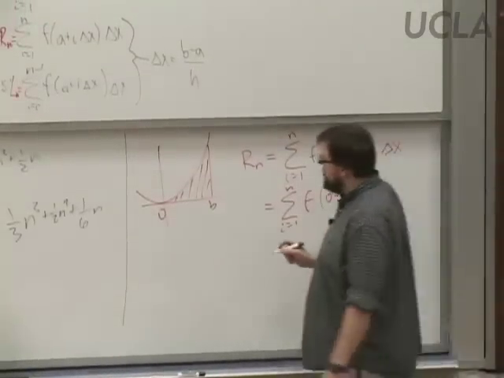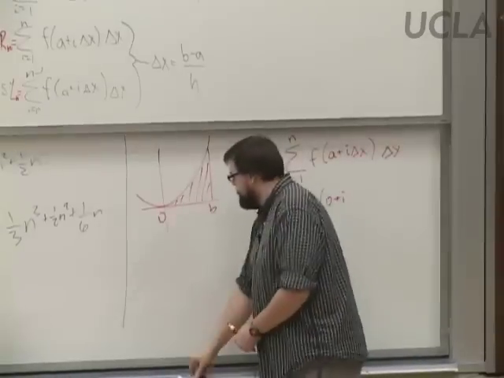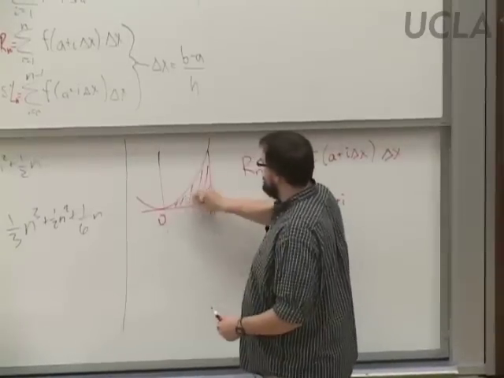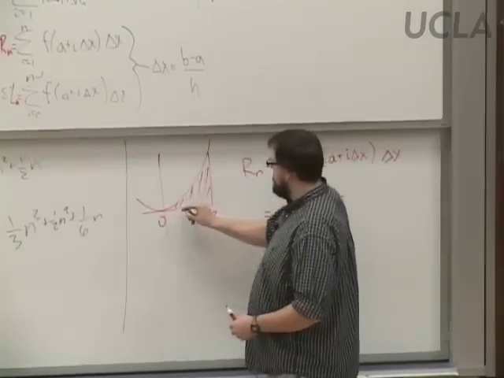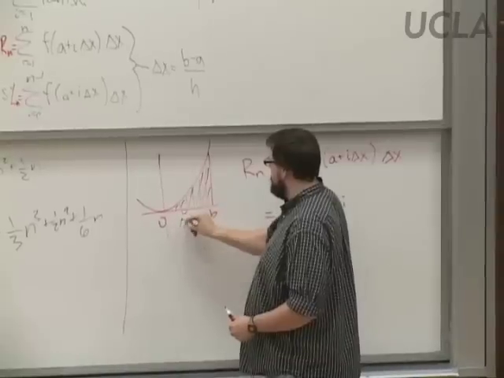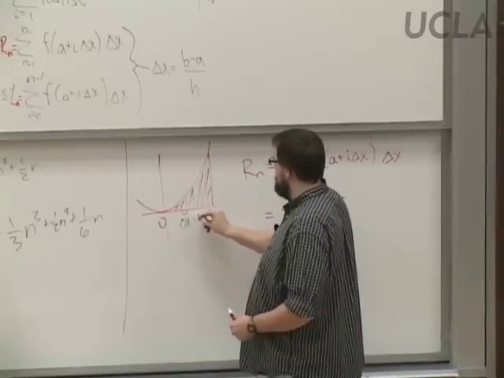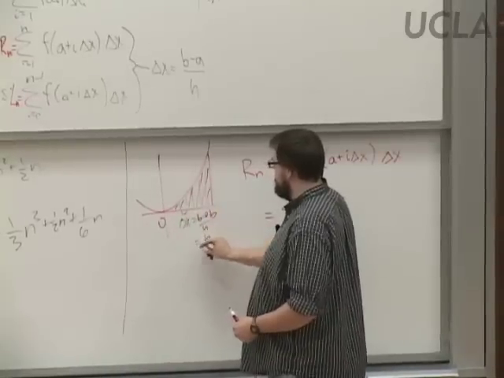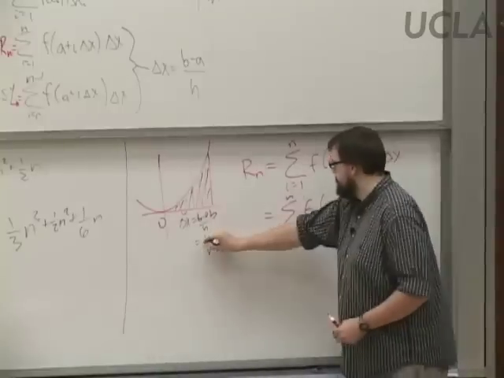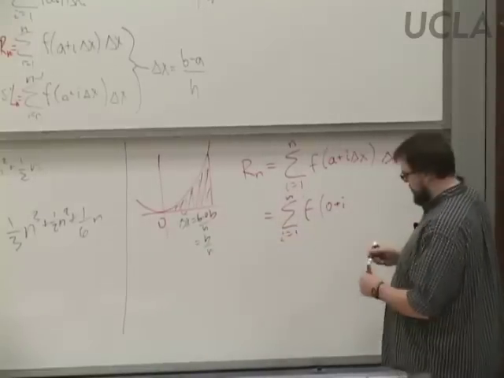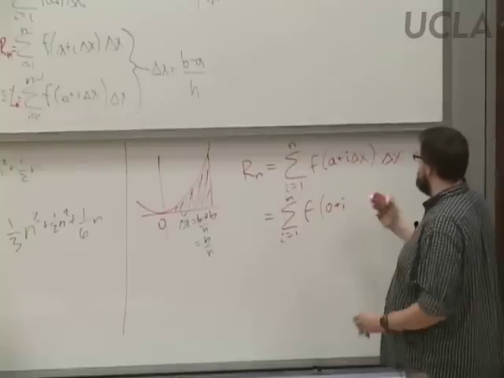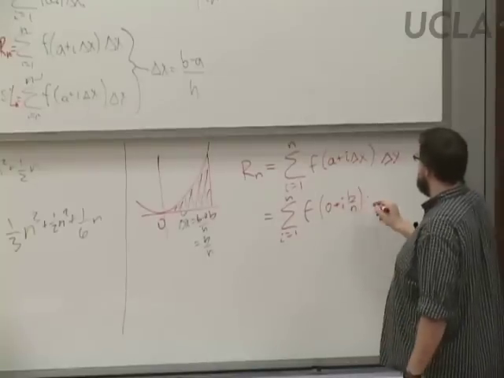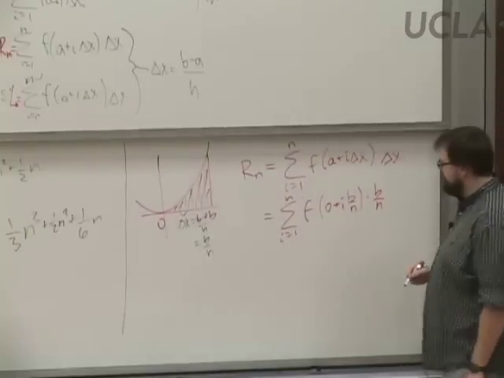OK, how big is delta x? Well, I'm chopping up from 0 to b into n strips. So the delta x would be b minus 0 over n, or if you like, b over n. So plus i times b over n times b over n.